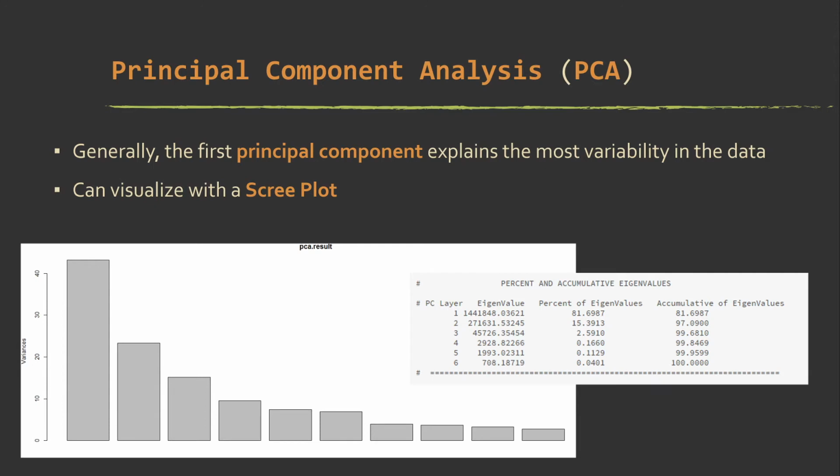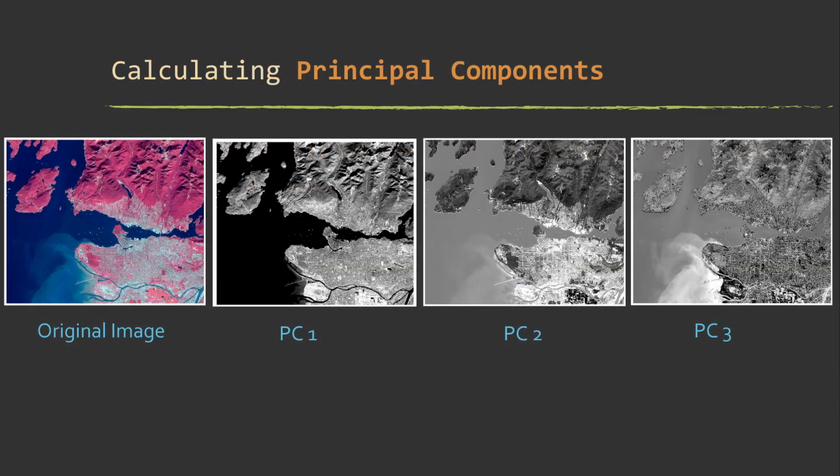It's just one way to do feature reduction, on the assumption that variability represents information. This is an example of principal components applied to an image, where each pixel in an image is an observation. Here's our original bands as a false color composite, and here are grayscale images of the first 3 principal components calculated from the original bands.